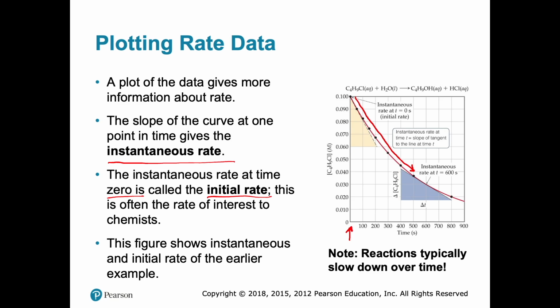And so we can actually very easily figure out what the instantaneous rate is at point zero, or the initial rate, right? Right here on this graph, it even tells you that the instantaneous rate at any given time is equal to the slope of the tangent at that time, right?